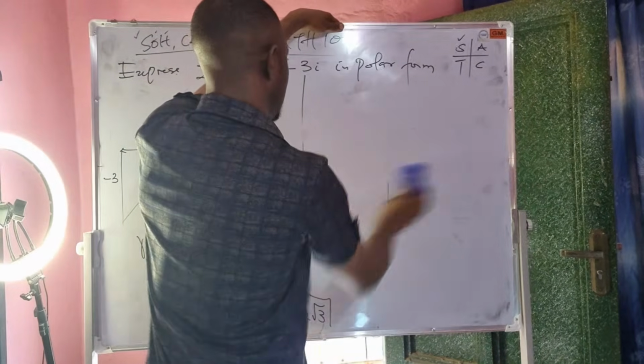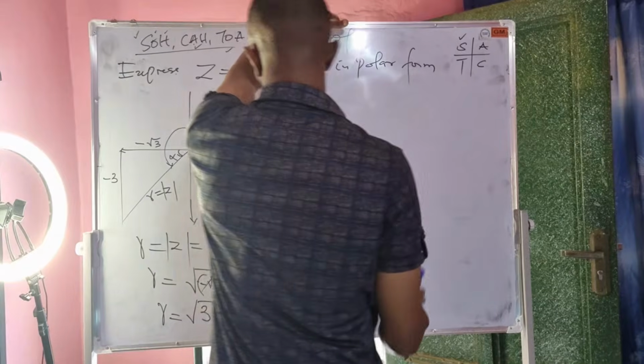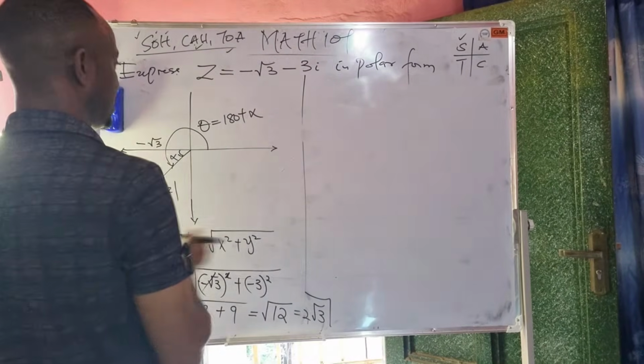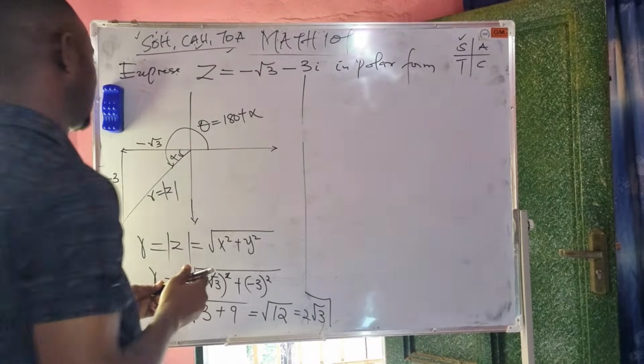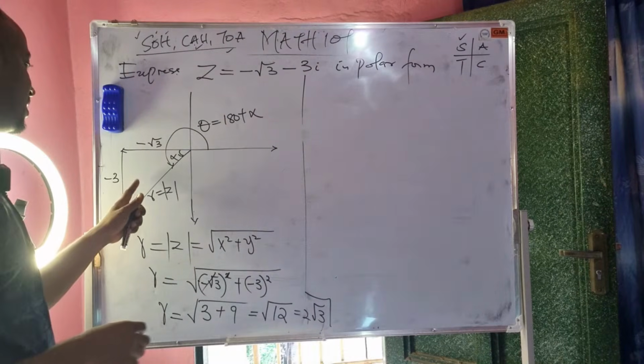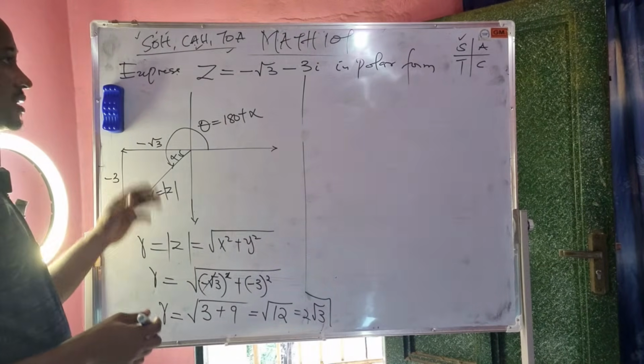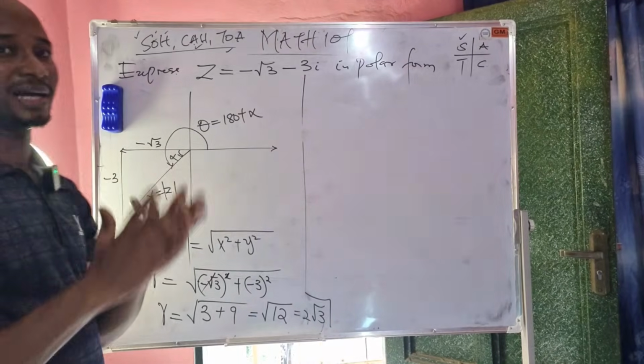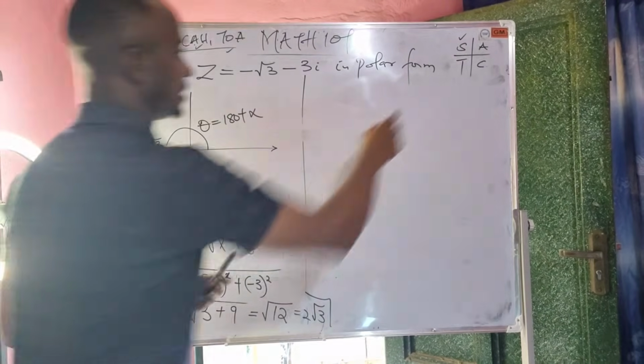Now the next is to determine what will be the nature of the reference angle. Since the value of our z falls in the third quadrant, the right trig to use is tan.